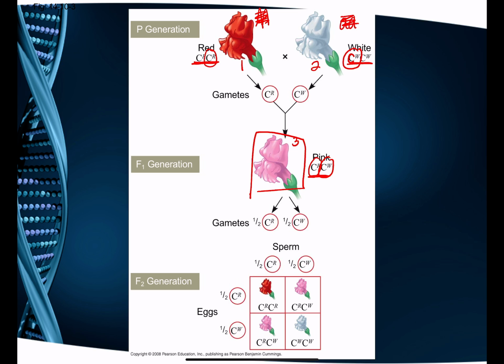This offspring, this hybrid in the F1 generation, is a mix of both parents. And if you take those offspring, the CRCW pink one, and mate it with another pink one, then we can do our Punnett square.